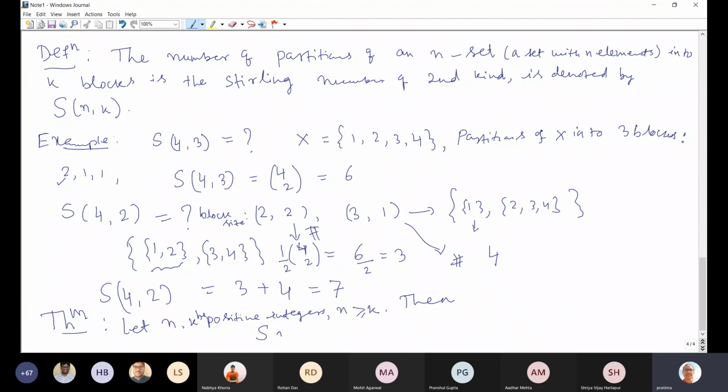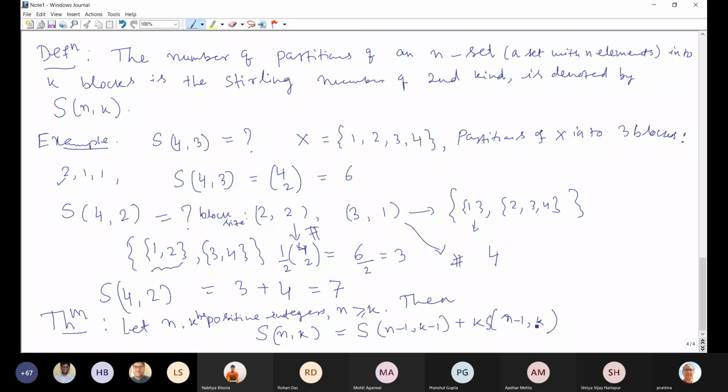S(n,k) is equal to S(n-1,k-1) plus k times S(n-1,k). It is clear to you that S(n-1,k-1) is the Stirling number, and k times S(n-1,k).